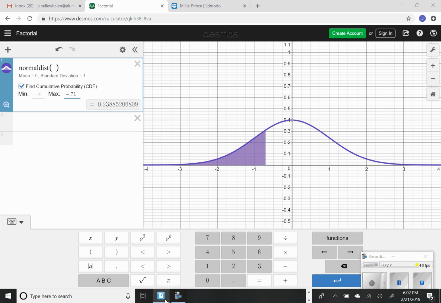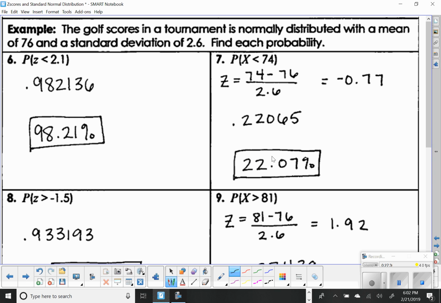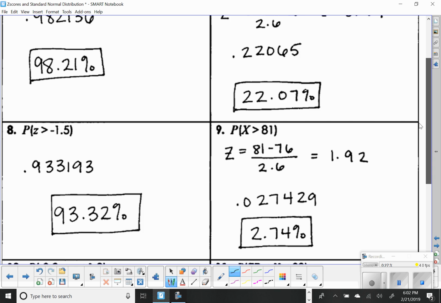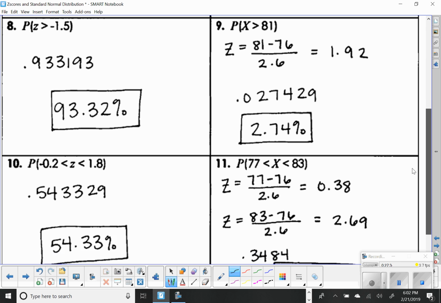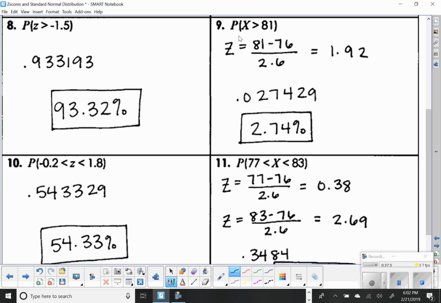If you look at each one of these, what I've done is I've set it up and I found the probability, and you might be off by a hundredth or a tenth, depending on where you round. If you use the calculator, you don't have to do the z-score.